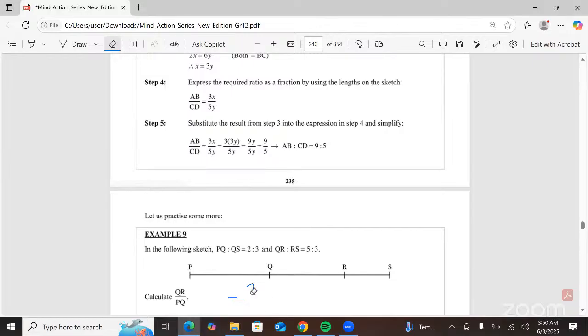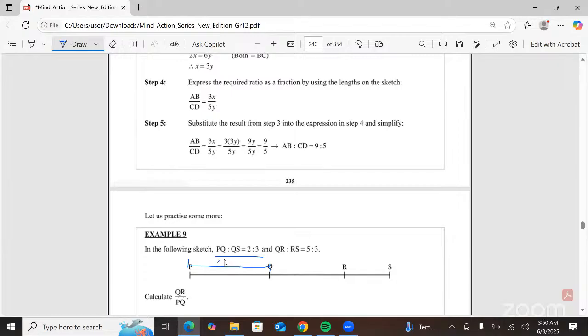You are given a ratio here that PQ is 2, so give it a variable A. QS is 3, give it a variable A. You're given another ratio here, QR is 5, so 5B, and RS is 3B. Does this part make sense?